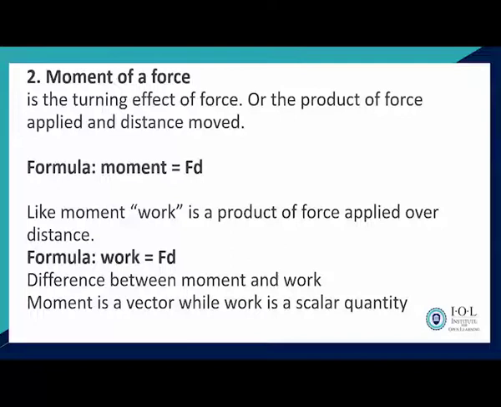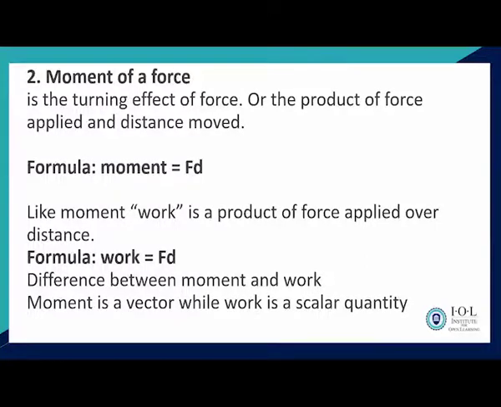I hope we know the meaning of those two terms. What is a vector quantity and what is a scalar quantity? A vector quantity is a quantity that has both magnitude and direction. A scalar quantity is a quantity that contains only the magnitude. It does not show us the direction.